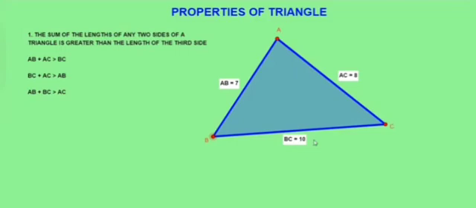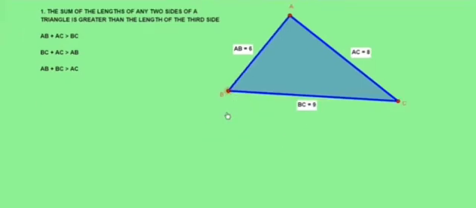AC is 8. 10 plus 8 is 18. 18 is also greater than 7. Okay. Then next, take another one. Look at here. AB. AB is 6 plus BC. BC is 9. What is 6 plus 9? 15. 15 is greater than 8. So this is our first property.